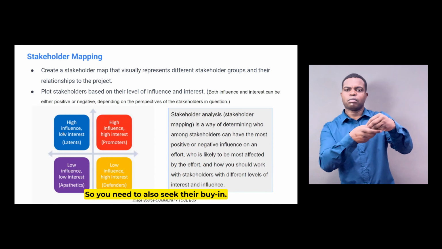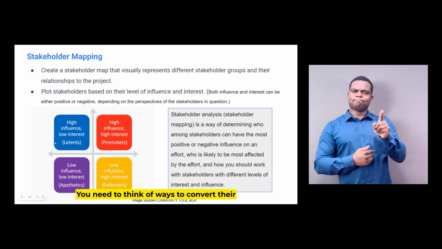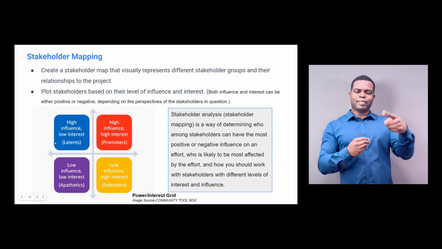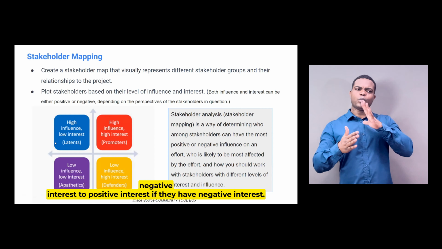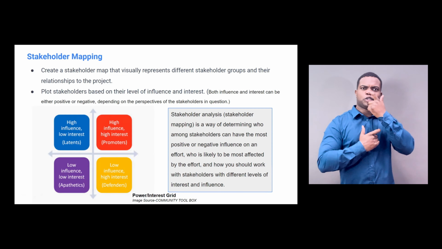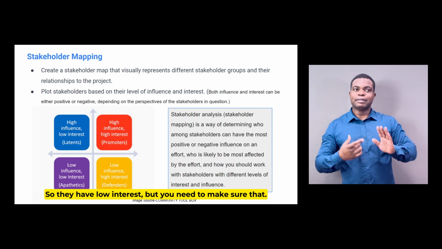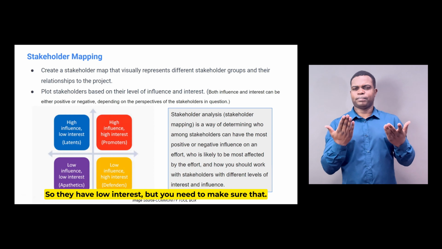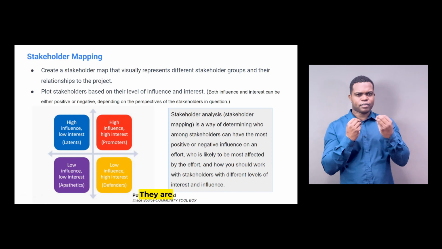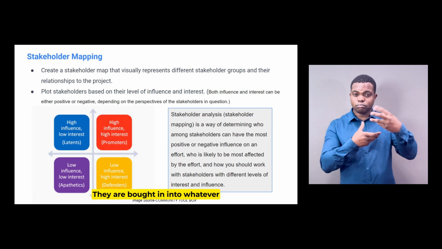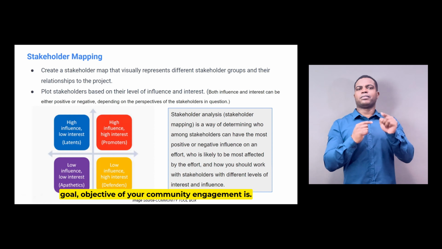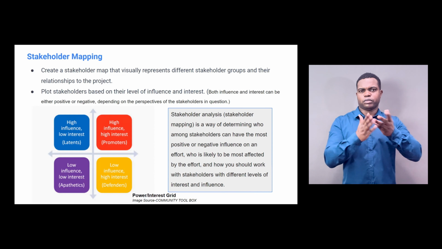So you need to also seek their buy-in. You need to think of ways to convert their negative interest to positive interest if they have negative interest. So they have low interest, but you need to make sure that they are bought into whatever goal or objective of your community engagement is.